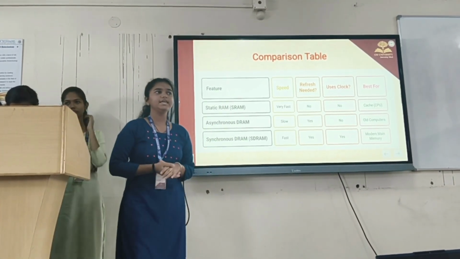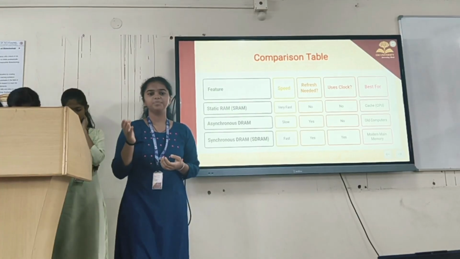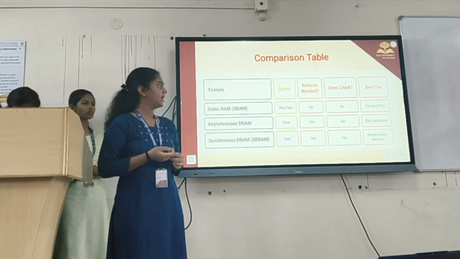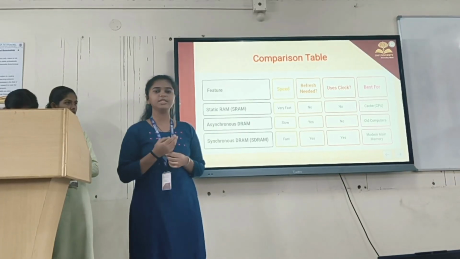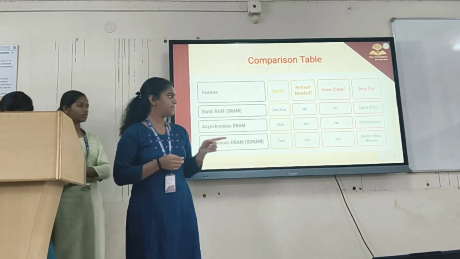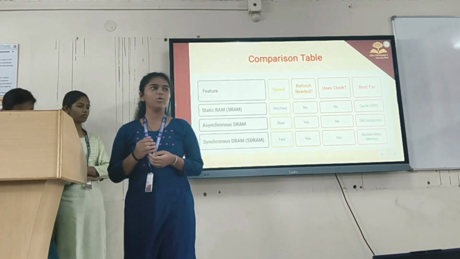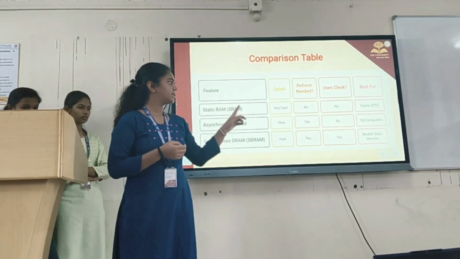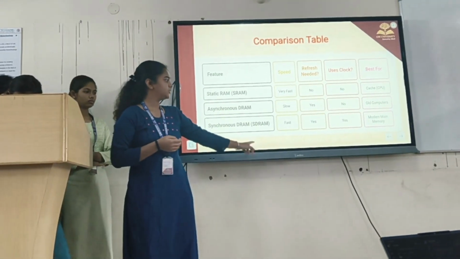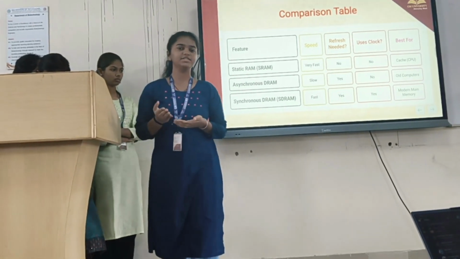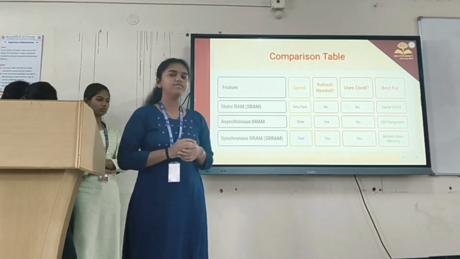Main memory will retain the data as long as the recharging is happening. Cache memory loses all the data when the power is off. But in the case of main memory, it will retain some of the data. Some will be gone, but most will be retained even when the power is off, because it uses capacitors. As long as the charge remains on the capacitor, the data will remain.